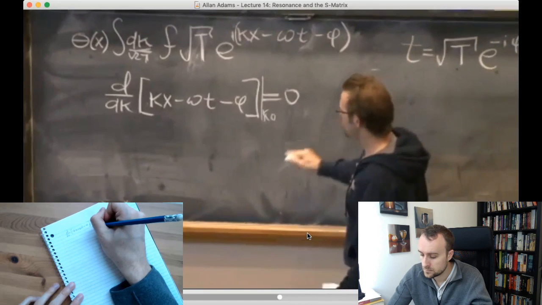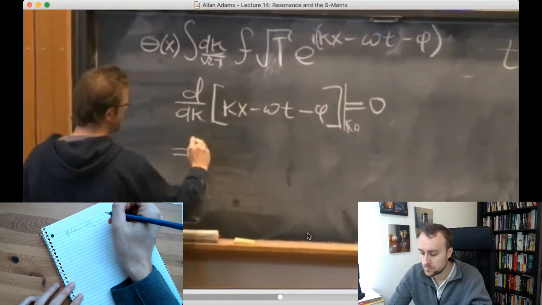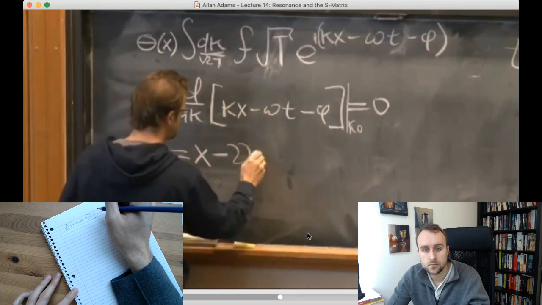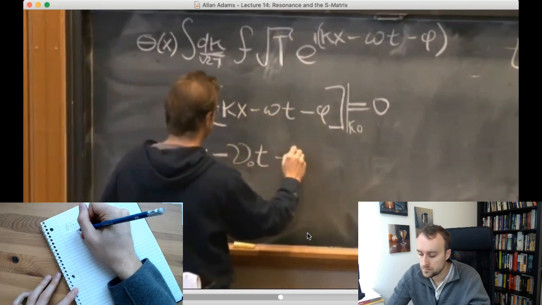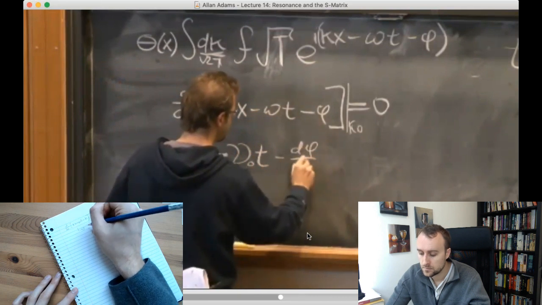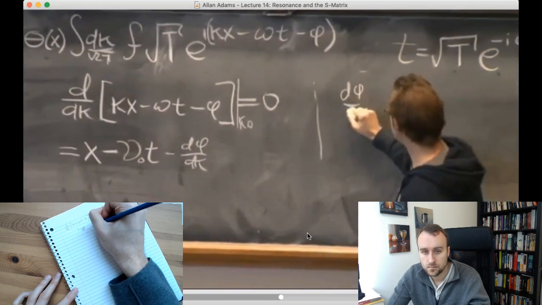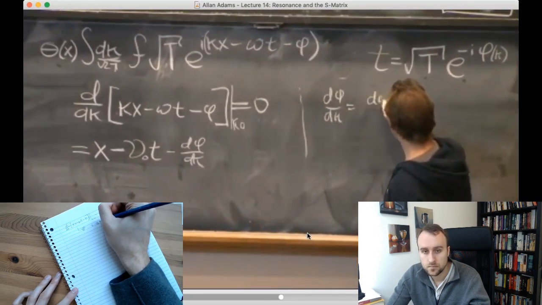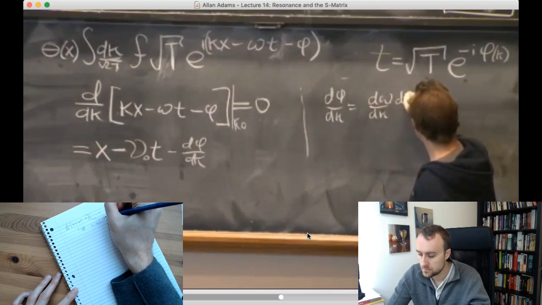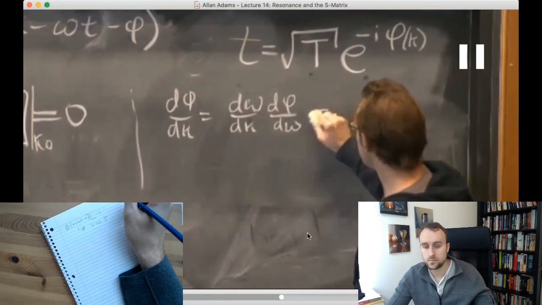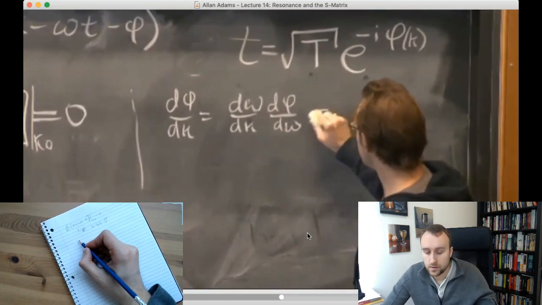So this expression is equal to x minus d omega dk, that's the classical velocity, v naught, times t, minus d phi dk. But just as a note, d phi dk is equal to d omega dk times d phi d omega.